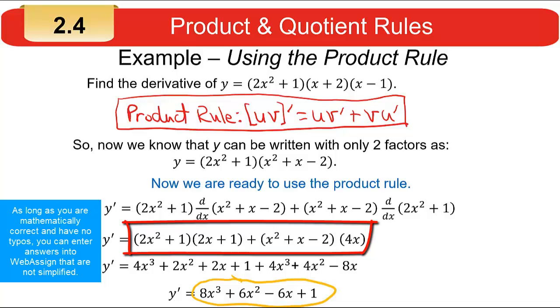Like I said, you might find that WebAssign accepts the answer way back up here, and that you can type it in very nicely without having any errors. And if you decide that you can do that and want to do that, then that's perfectly legitimate. That's a decision you have to make. But you need to practice.